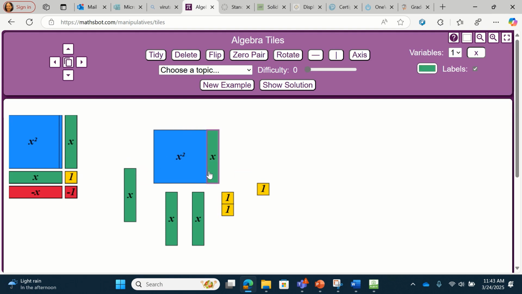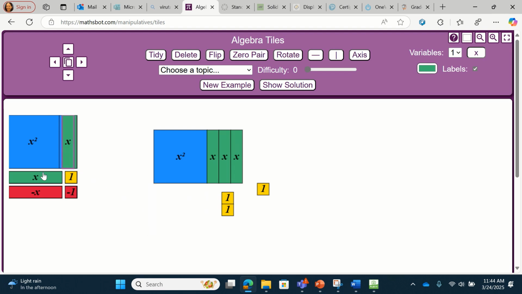Let's say you arrange it like this and it's not going to work. Then you want to pull one of your x's from here, just so you have the horizontal, because you can't rotate them. But you should be able to use that in place of physical algebra tiles.